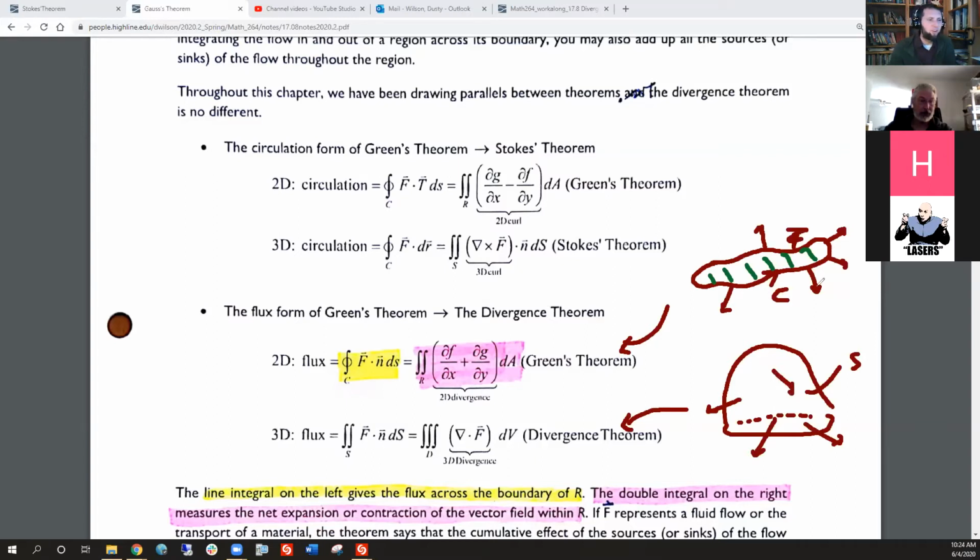It's almost like the units are different. In the 2D version up here, you're looking at the outward motion, but it's linear, across a line, whereas here we're looking at the outward motion across a surface. So it's in terms of area.